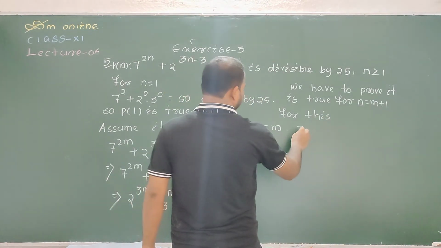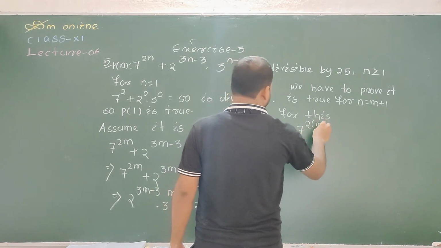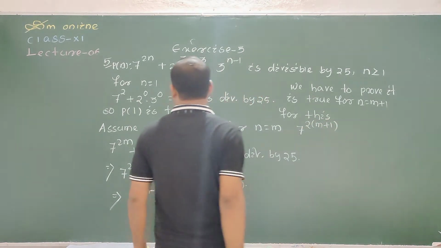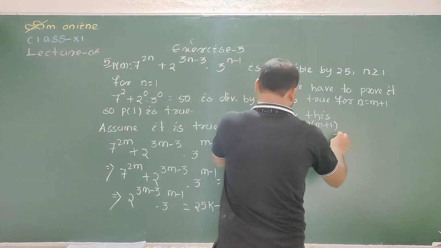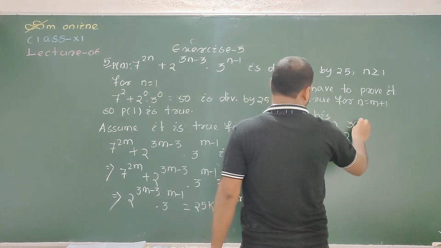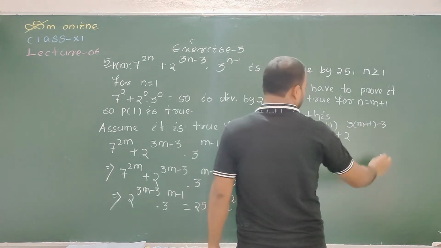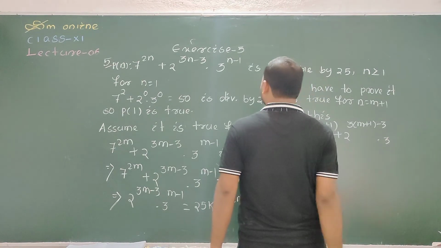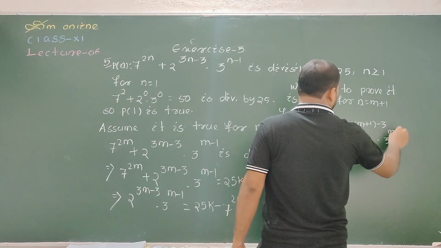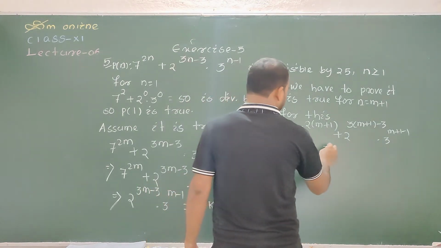This is 7 to the power 2 into m plus 1, plus 2 to the power 3 into m plus 1 minus 3 into 3 to the power m plus 1 minus 1, is divisible by 25.